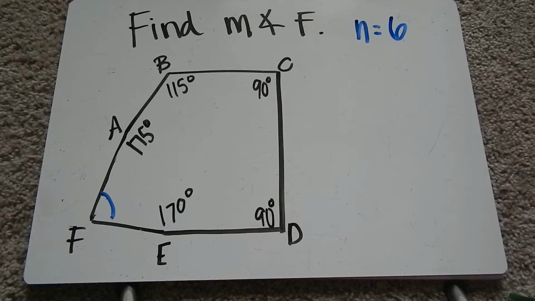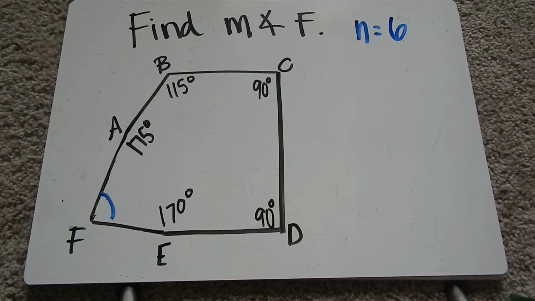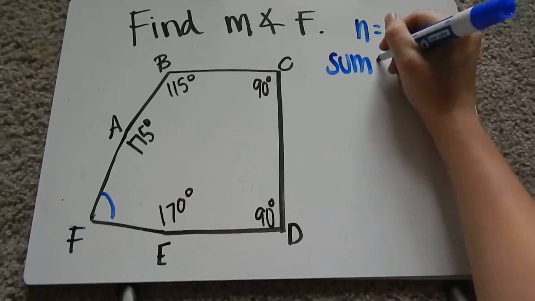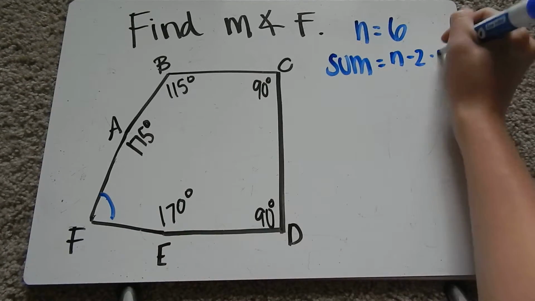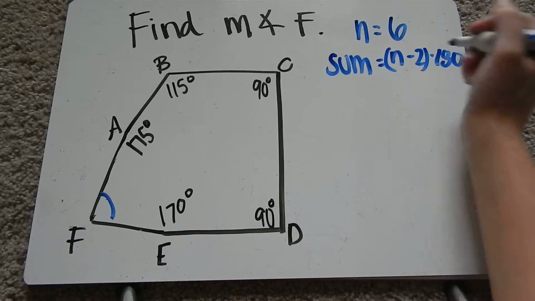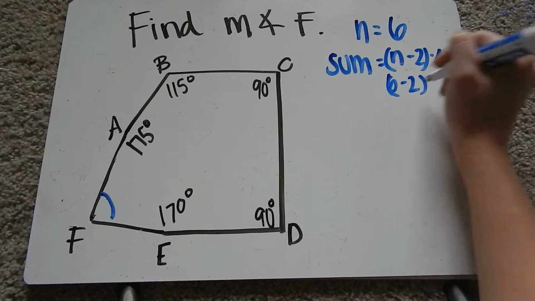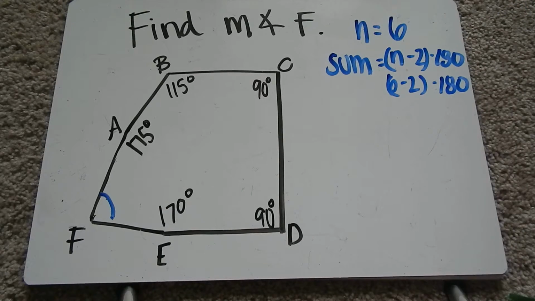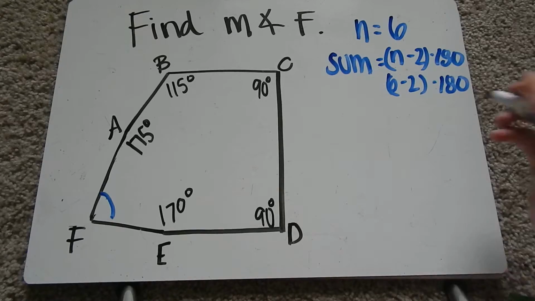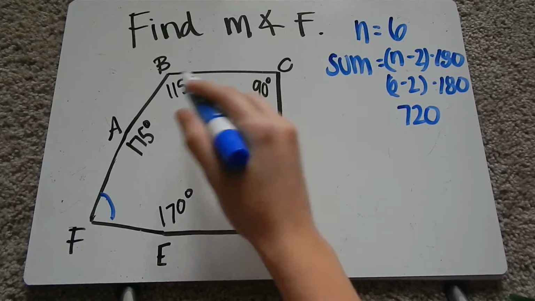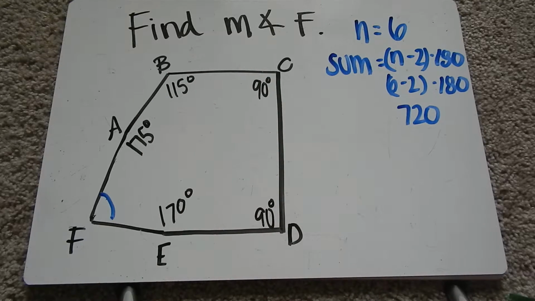Now I use my formula, n minus 2 times 180. n is 6, so we'll plug 6 in. 6 minus 2 times 180 is going to give me 720.